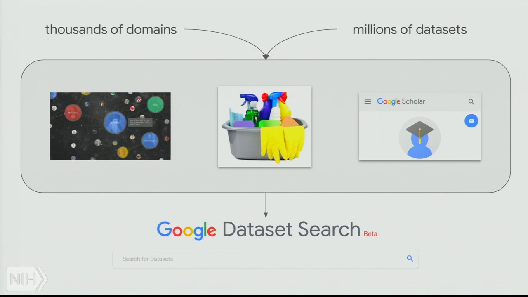We also have a proof of concept integration with Google Scholar, where we are looking for mentions of datasets in the literature, and we surface this information to you as well. So if a given dataset was mentioned in scientific literature indexed by Google Scholar, you can see all of those mentions and explore how other people reuse this dataset in science.